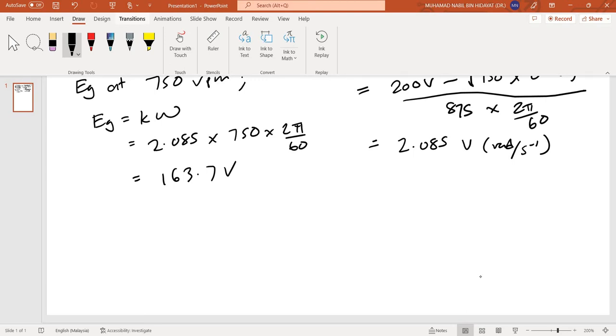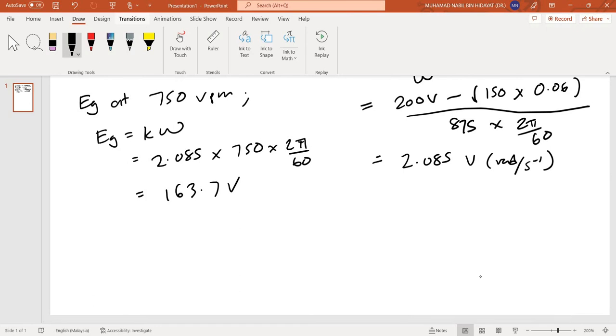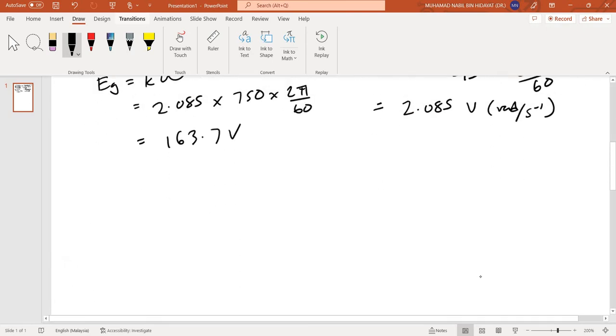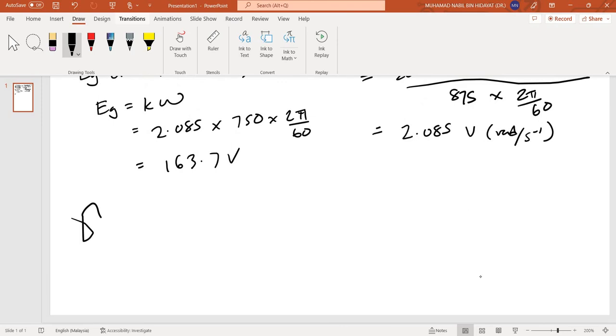For the firing angle, VA is IA RA plus EG.